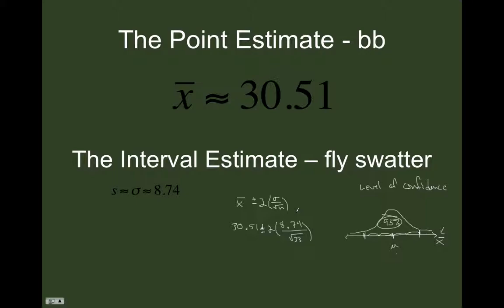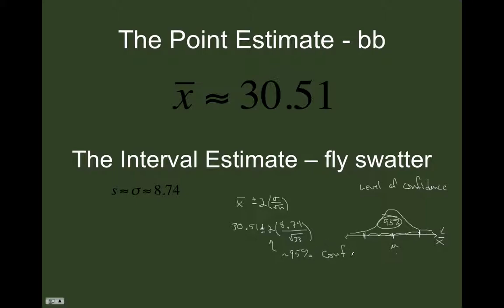And so what we have is a very basic formula here for a confidence interval. The 2 standard deviations means that we have about 95% confidence.